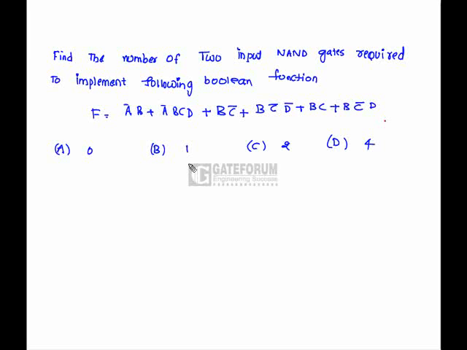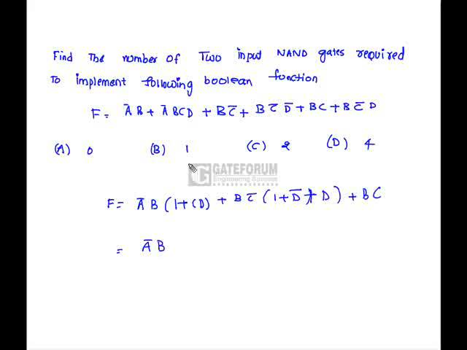Find the number of 2-input NAND gates required to implement the following Boolean function. If we simplify this expression: A bar B into 1 plus CD, plus BC bar into 1 plus D bar, and one more, plus D, plus BC.